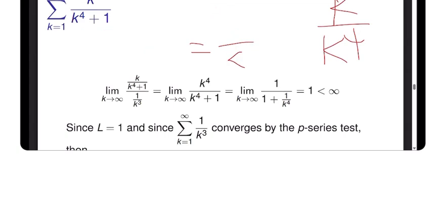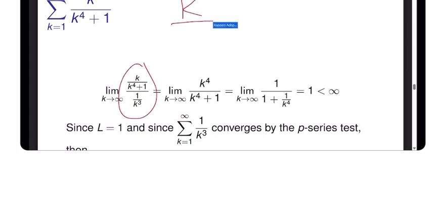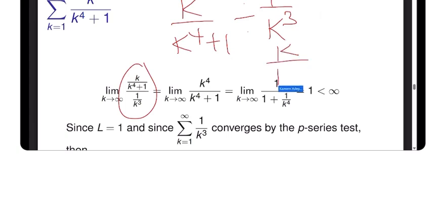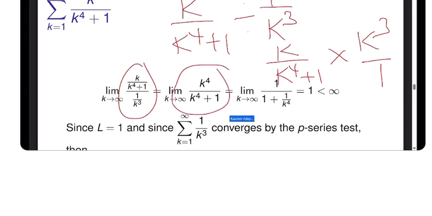If you take a look at this, if I have k divided by k raised to the power 4 plus 1, I can write that as k divided by k raised to the power 3, divided by the rest. What is k raised to the power 3 times k? That would be k to the power 4. That was why I got this. We do algebra here. That would be k raised to the power 4 divided by k raised to the power 4 plus 1.